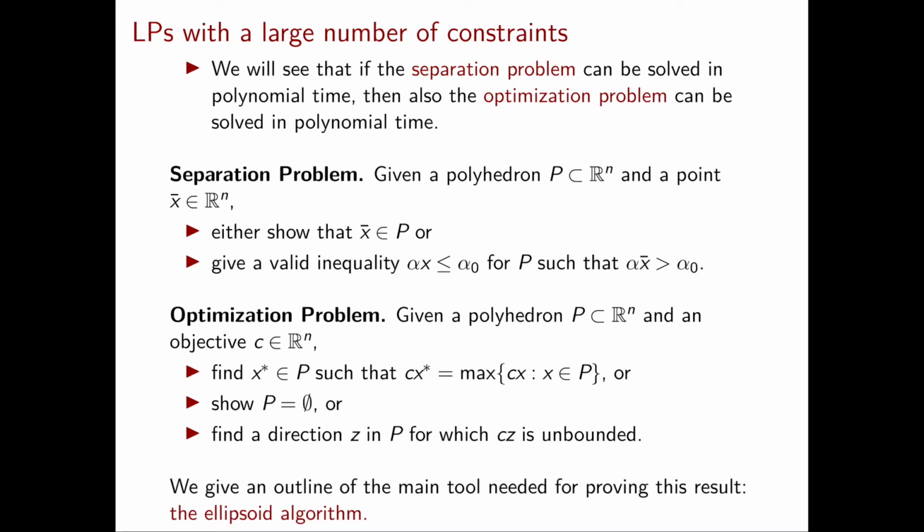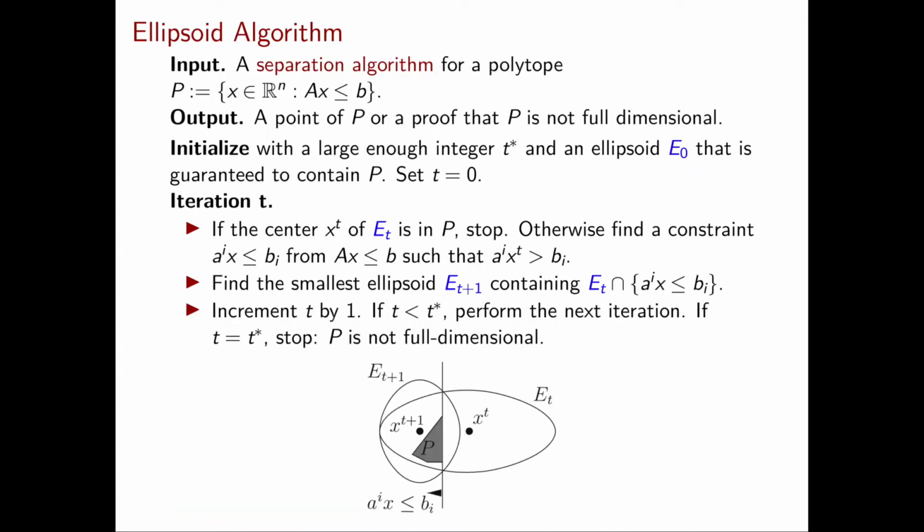In order to prove this result, we will be using the ellipsoid method, and now we're going to give an outline of this algorithm. Essentially, the main idea of the ellipsoid algorithm is contained in this slide. Let's first discuss our input and output.